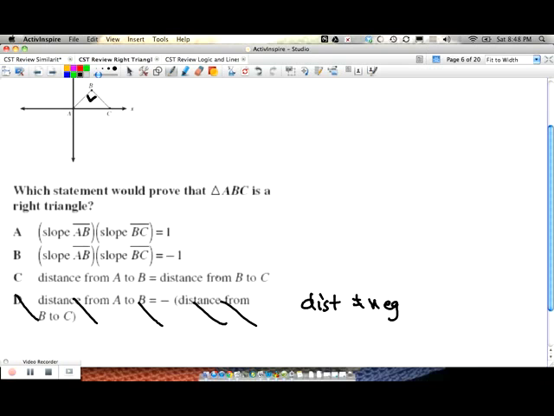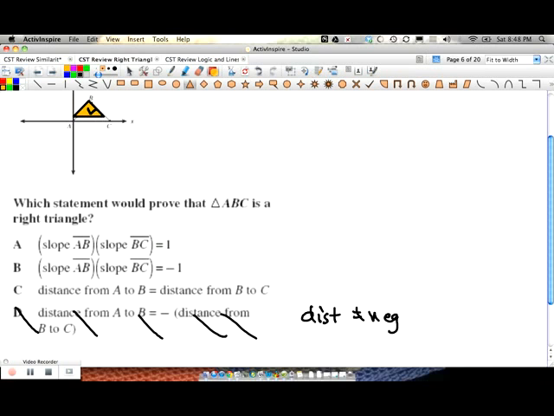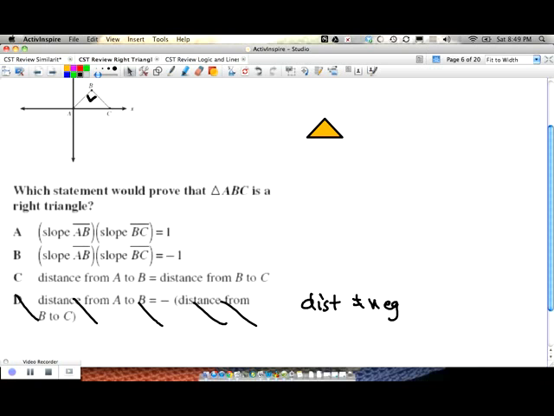Distance from A to B is the same as distance from B to C. Well, one might be tempted to say that. Let me go ahead and draw a triangle in here that's about the same size. Now this triangle is symmetrical on both sides, just like that one appears to be. And it looks like it would be a right angle, but what if it was kind of short like this?